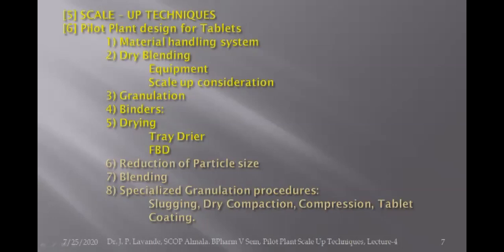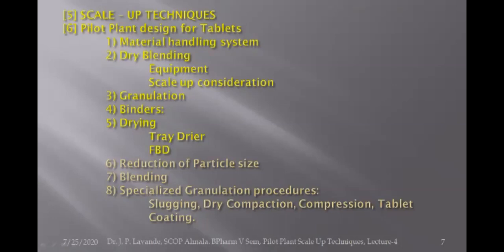In that, we saw the considerations as far as the tablet is concerned, where we had already covered material handling system, dry blending, equipment, scale-up consideration, then granulation, binders, and the drying considerations.